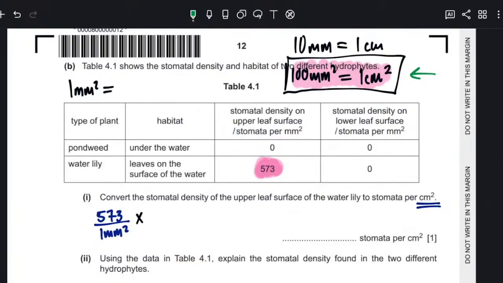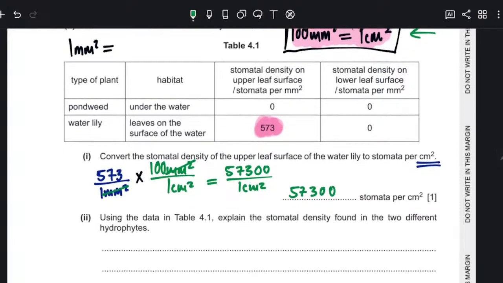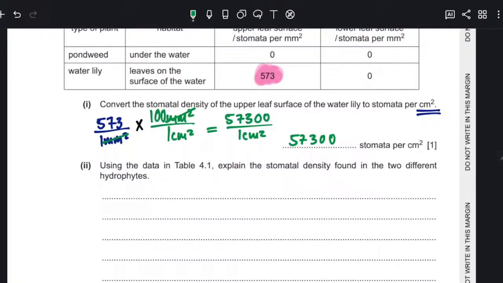So we put the 100 square millimeters on top and the 1 square centimeter at the bottom, so that the square millimeter cancels with the square millimeter. Can you see? 573 times 100 is 573 with 2 zeros, over 1 square centimeter, and that's the answer: 57,300 per square centimeter.